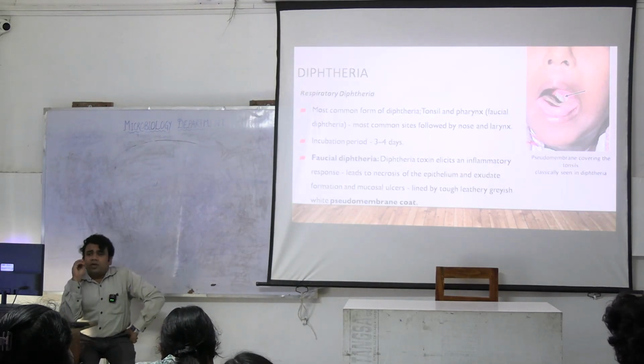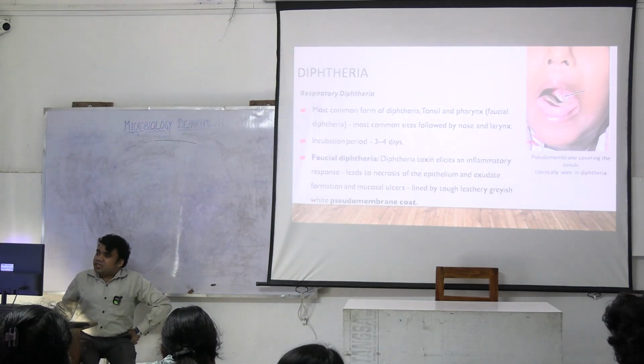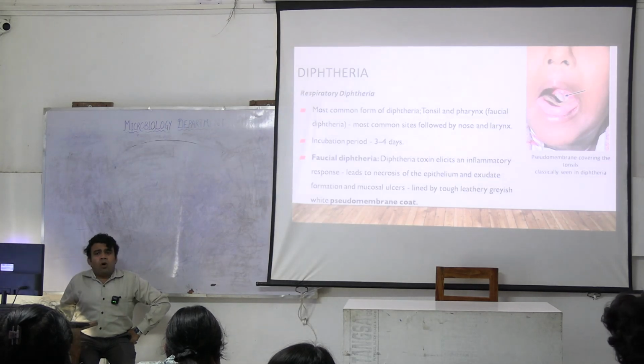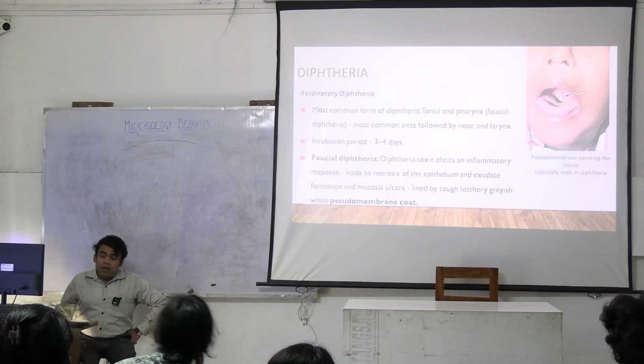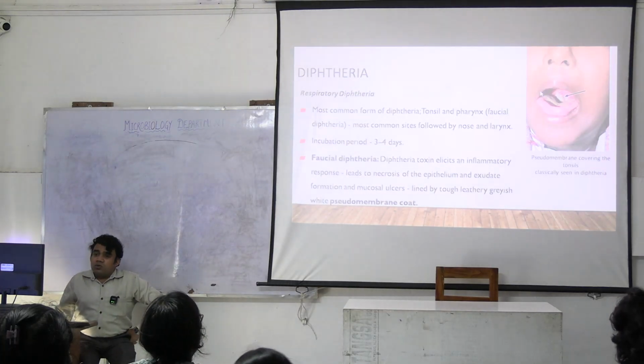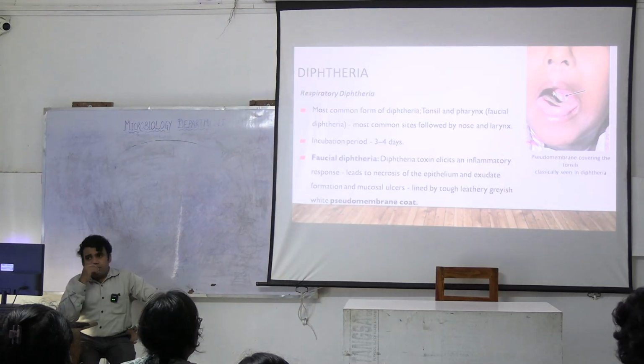Now this toxin will lead to death of the cells immediately. So the cells of the mucous membrane over here are basically dead cells, and on these dead cells the bacteria will go on dividing and multiplying and will produce more and more toxin. This toxin will be absorbed from this mucous membrane and will spread systemically.